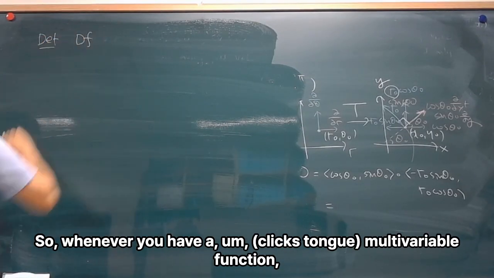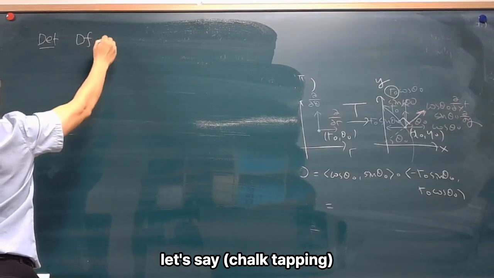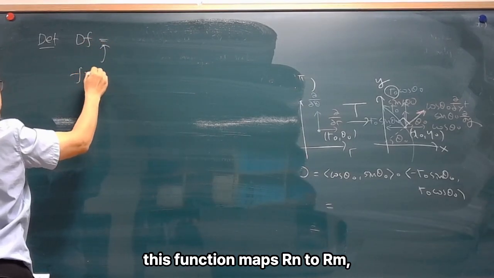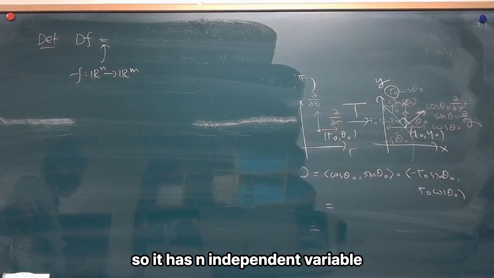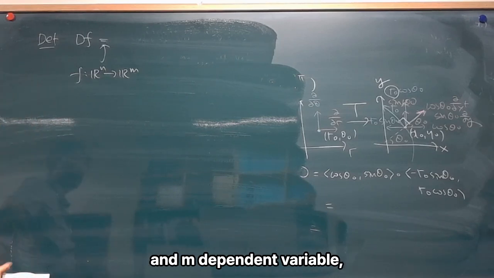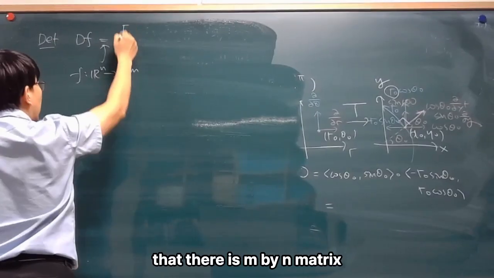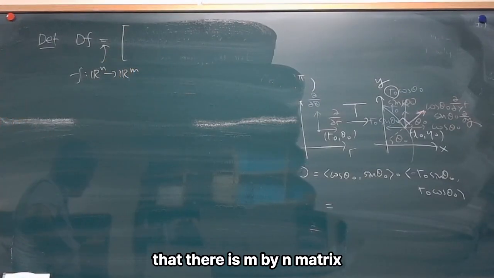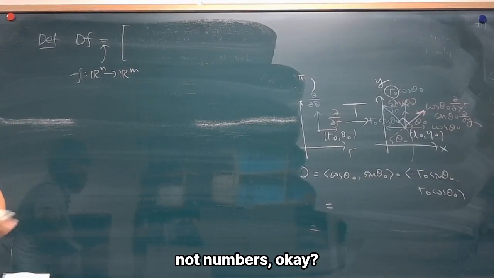So whenever you have a multivariable function, let's say this function maps Rn to Rm, so it has n independent variables and m dependent variables, then you can say that there is an m by n matrix whose entries are all functions, not numbers.